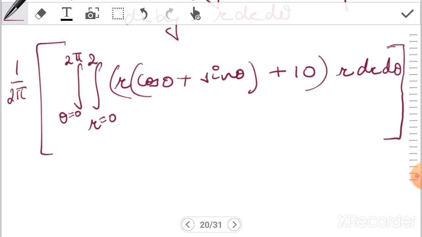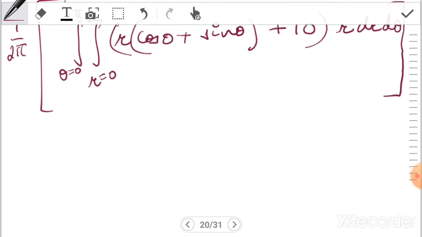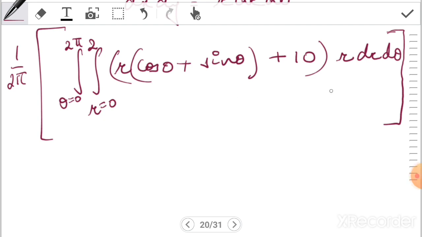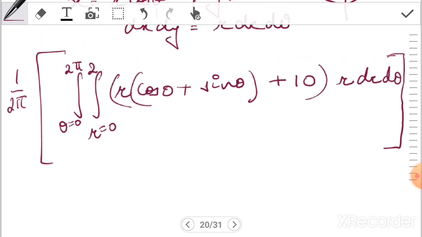Now integrate. For constant limits, it hardly matters whether we first integrate with respect to r or with respect to theta, or in Cartesian coordinates, with respect to x or with respect to y. Let us first integrate with respect to r.